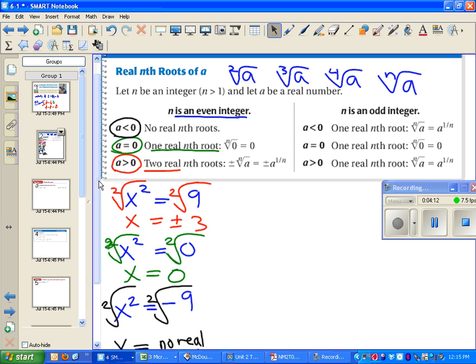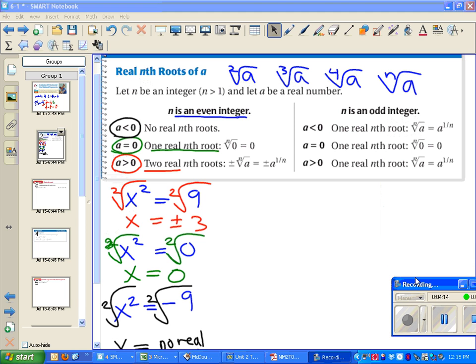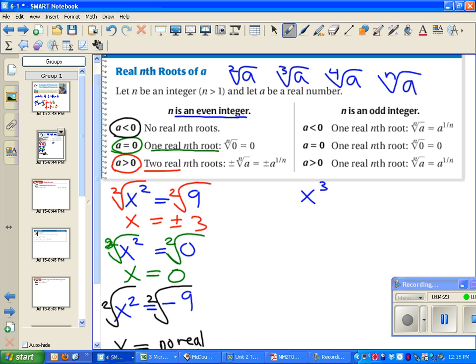Okay, for odd numbers, we kind of dealt with this a little bit, but we can do an example. So let's say we have x cubed is equal to 8. We can also do x cubed is equal to 0, and x cubed is equal to -8. Right? So we're going to do the positive case first.